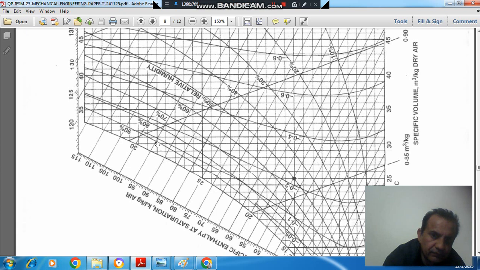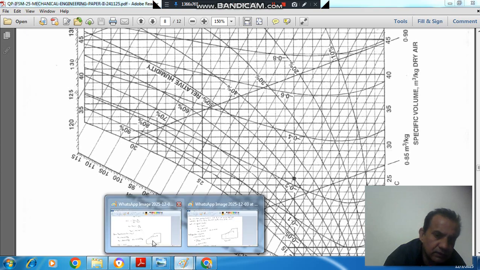So it will be somewhere here. Here we have enthalpy approximately 90. Okay. And here we have this point. So relative humidity is about 90%, more than 90%. That is, we can take it as 95%.